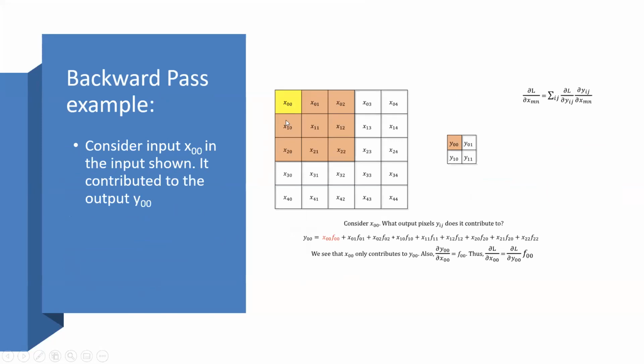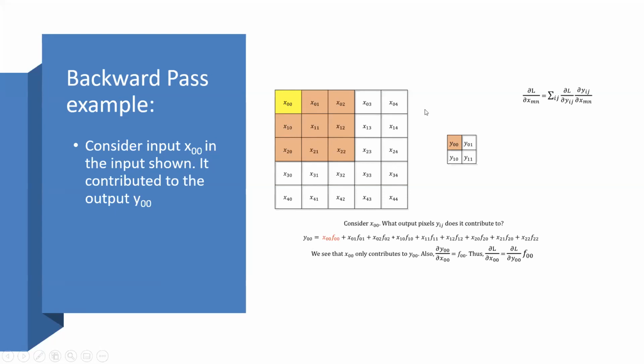And then here we're going to do an example of trying to get the loss gradient with respect to the input x00. So you can see this is the output, y00, and x00 contributed to producing only y00.